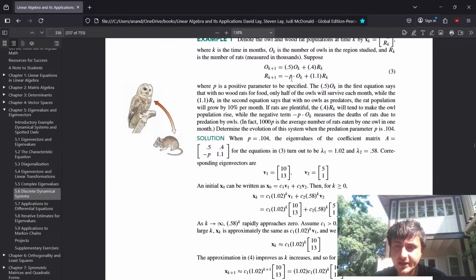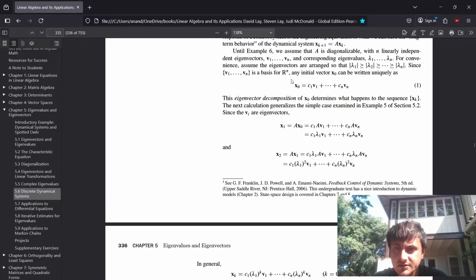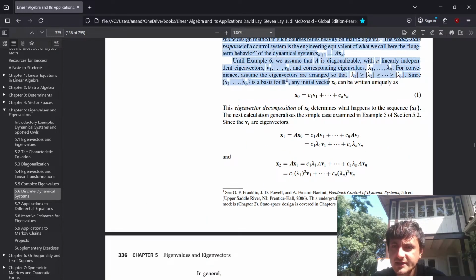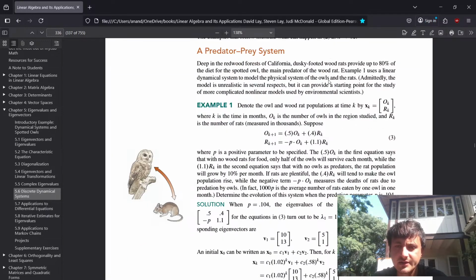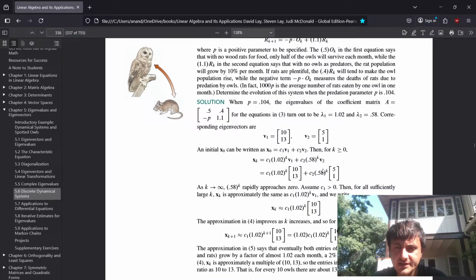Did they specify that all the eigenvalues are positive? No, they just said that they're decreasing. Because it's going to oscillate if it's negative. But regardless, if it's between -1 and 1, then it decays to 0. Otherwise, it explodes.